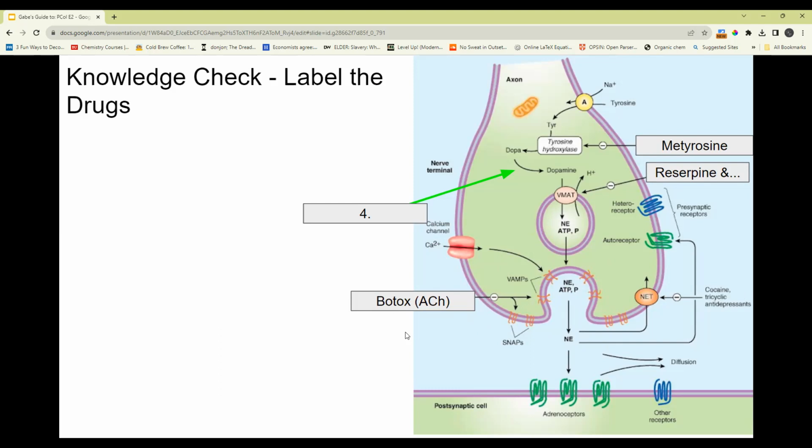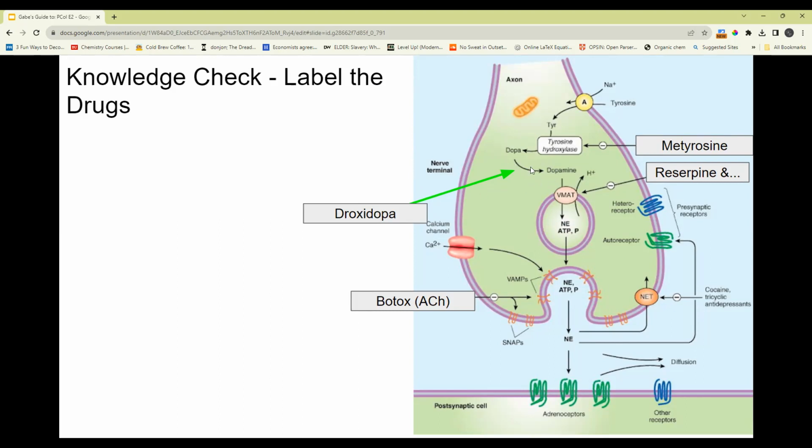And then how about this transition from L-DOPA to dopamine? What drug would be working there? Exactly, droxidopa. Remember that droxidopa is a substrate of dopa decarboxylase, right?